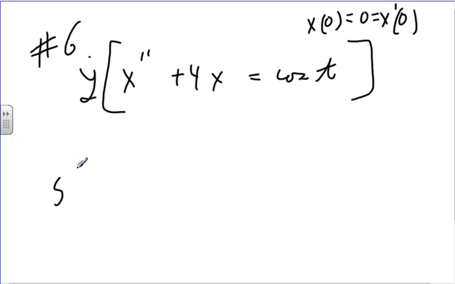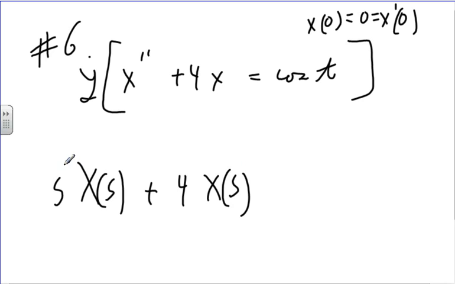I got s squared x of s, minus something at 0 minus something at 0, plus 4x of s. And this is a squared, naturally, is equal to. Now, cosine t, I look in my book, and I found out this is number 10, and I get s over s squared plus 1.